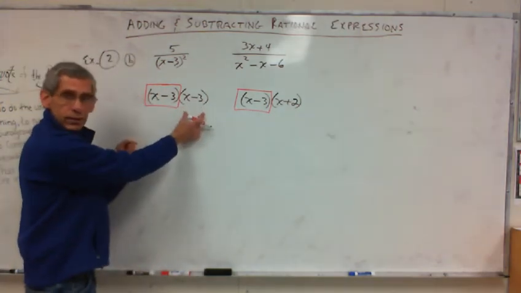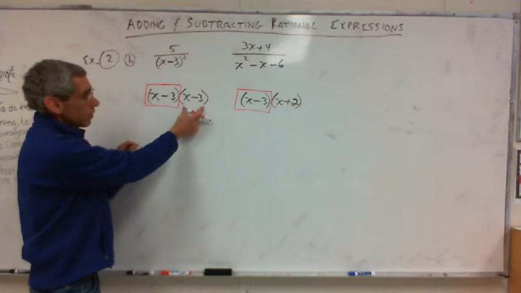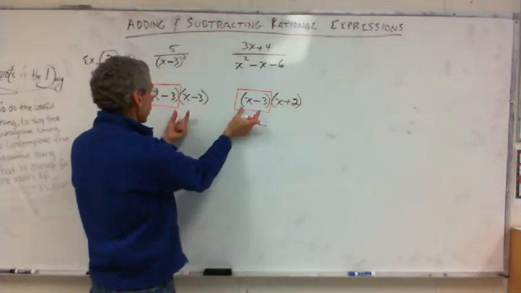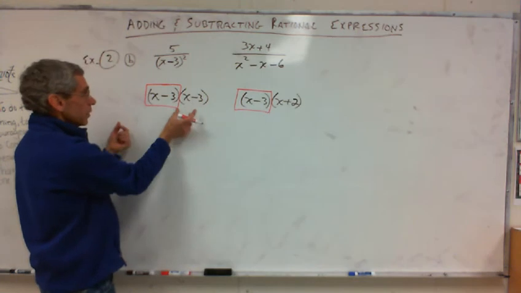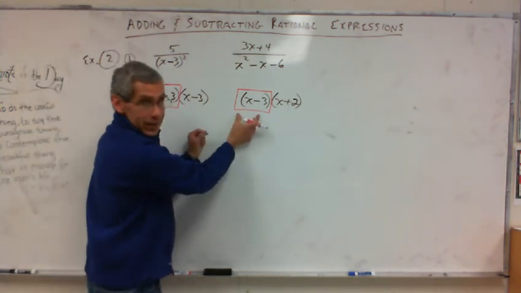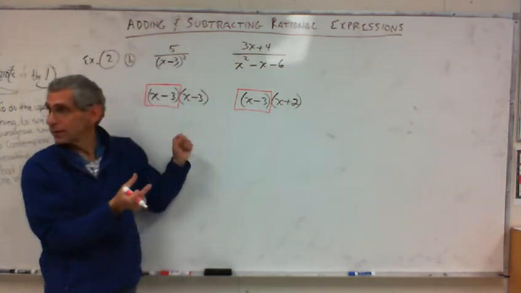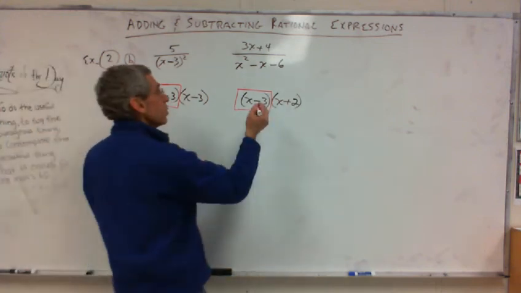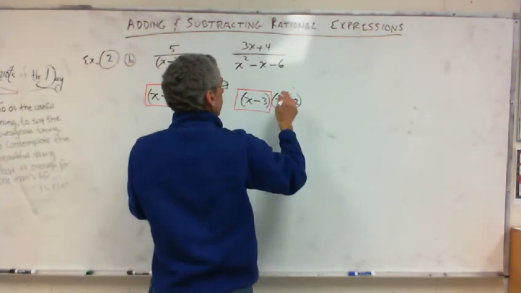I can't just erase it, right? It's part of the denominator, the x minus 3, right there. And this doesn't have it. It has one of them, but it doesn't have two of them. So this has 2 x minus 3s. This has to have 2 x minus 3s. Does that make sense to you?